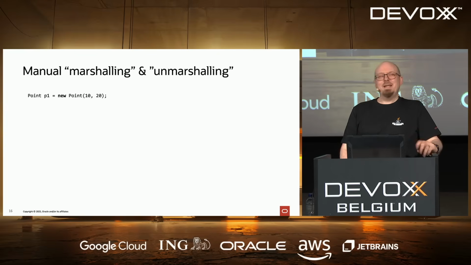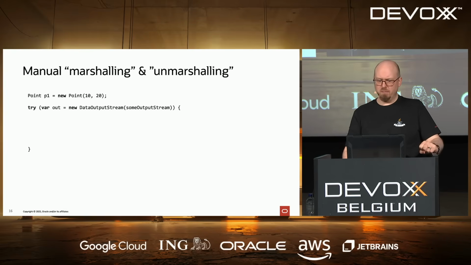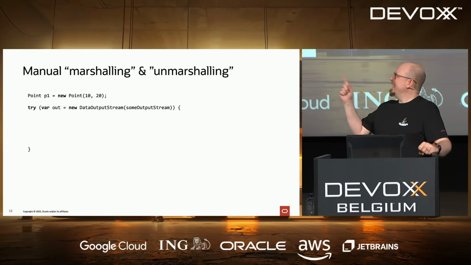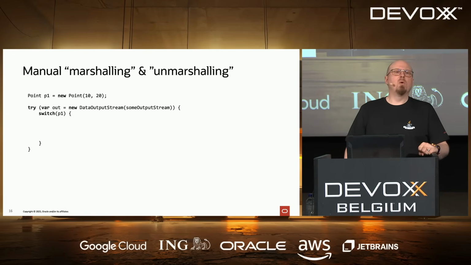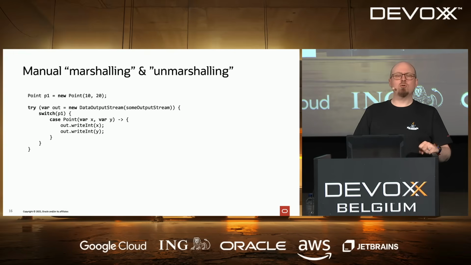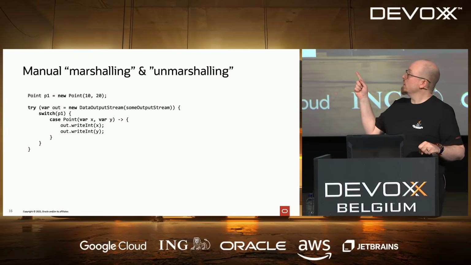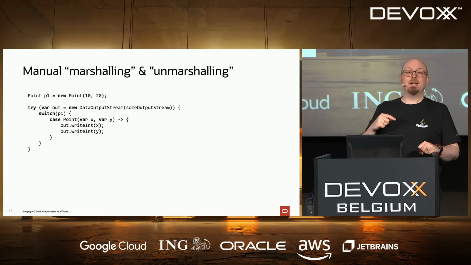So if we take this analogy and ask, what happens if we try to marshal a point? What does that even mean? What if it means you have some DataOutputStream, and some destination for that DataOutputStream, and we take our point and extract the coordinates, and then write those coordinates as ints to that DataOutputStream?